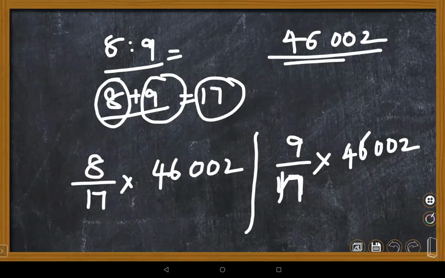In NCERT, very few concepts are there, but we covered really more. Next class, we will discuss the proportion concept. Before going to proportion, there are a few more applications in ratio. One or two bits are there. We'll complete those, then we can do the next.